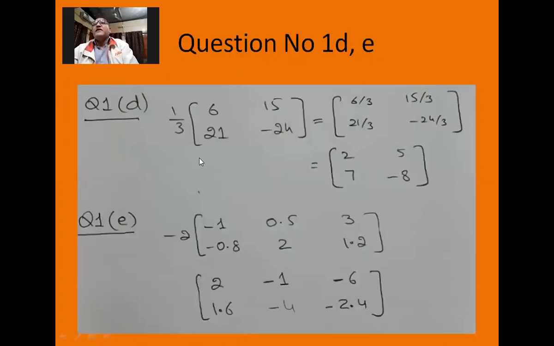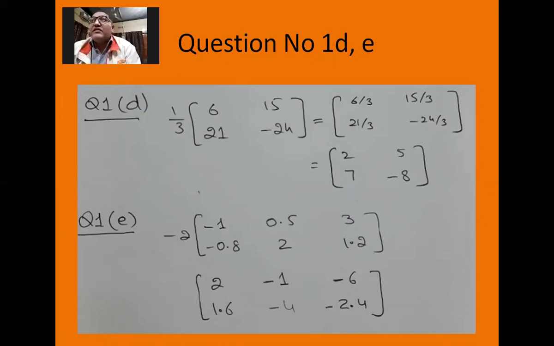Now, in the D part, we have 1 by 3 multiplying with this matrix. This matrix has 2 rows and there are 2 columns. So basically there are 4 members in this matrix. So the 1 by 3 will multiply with all of them.